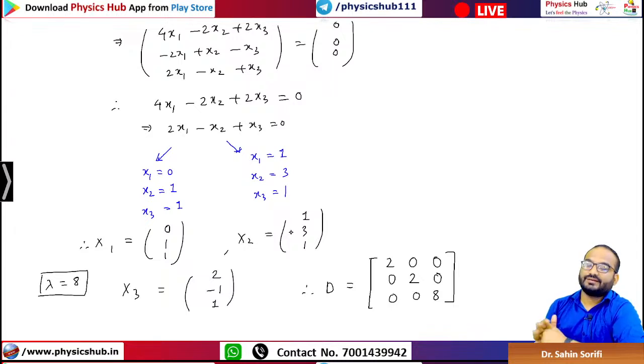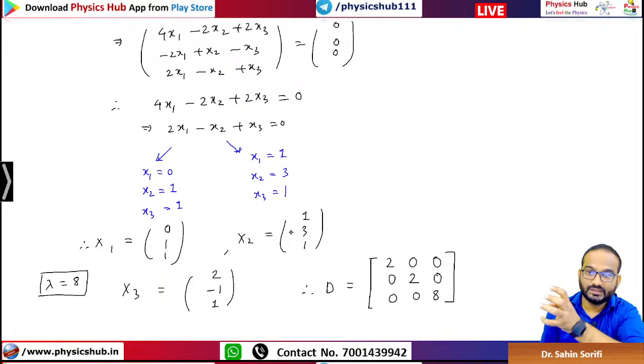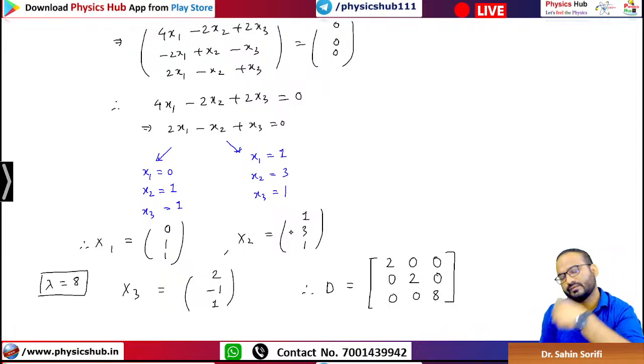Now this diagonalization is very important. Why? It will help you to find out various operations. You can find out the power of a matrix, the exponential of a matrix, the logarithm of a matrix, and many other things.